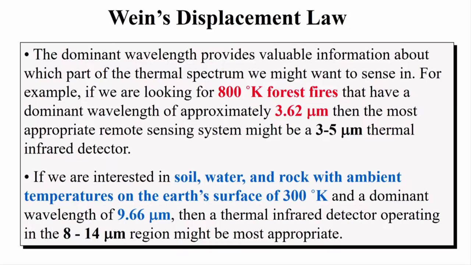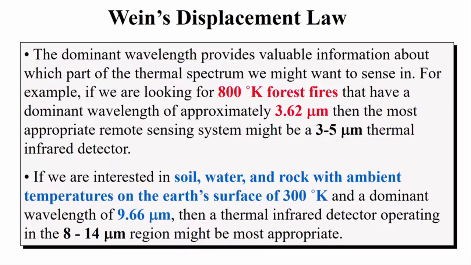Then the most appropriate remote sensing range to find useful information about the forest fire, with an average temperature of 800 degree Kelvin, will be 3 to 5 micrometer. So 3 to 5 micrometer thermal infrared detectors are going to provide the most valuable information for the forest fire, which has an average temperature of 800 degree Kelvin.